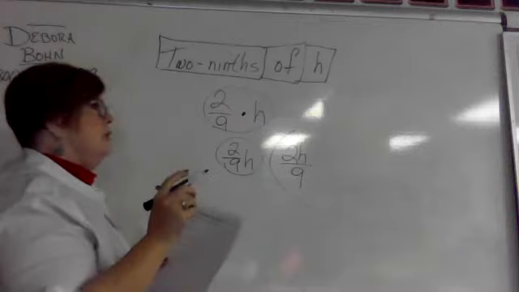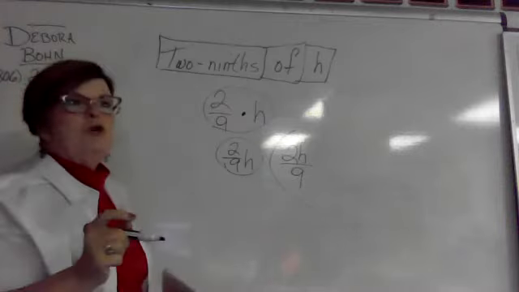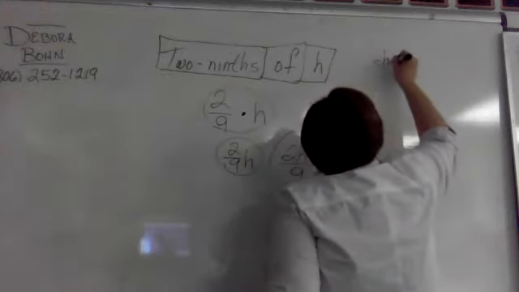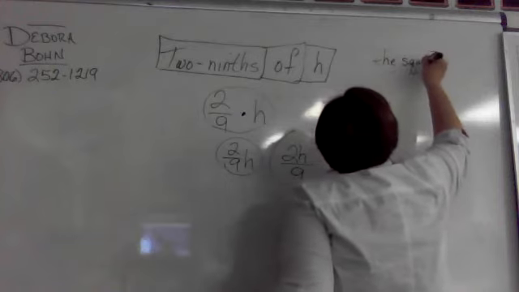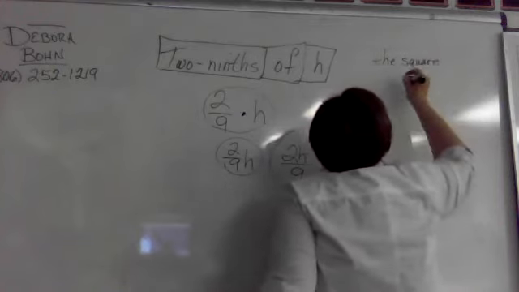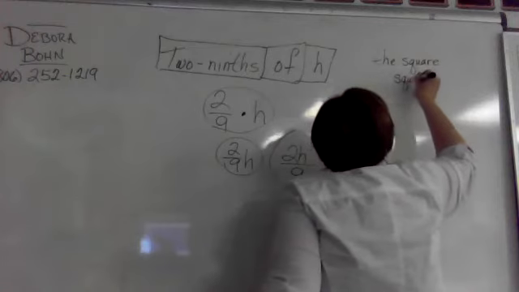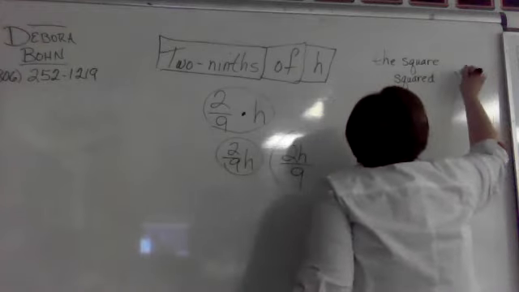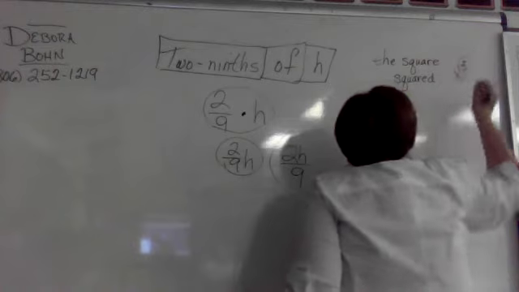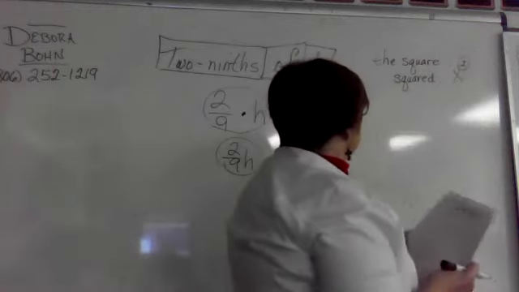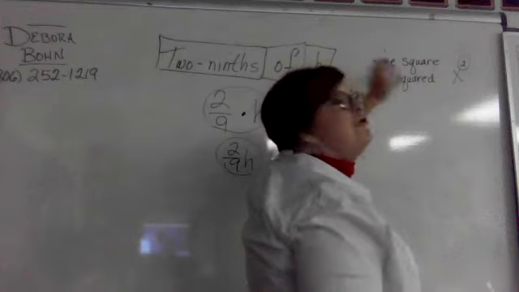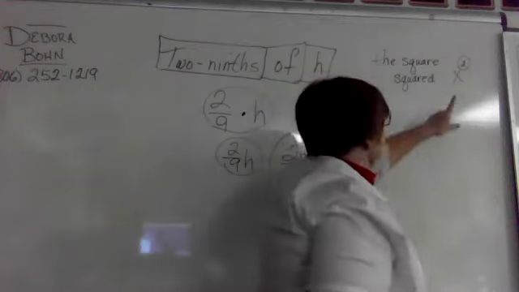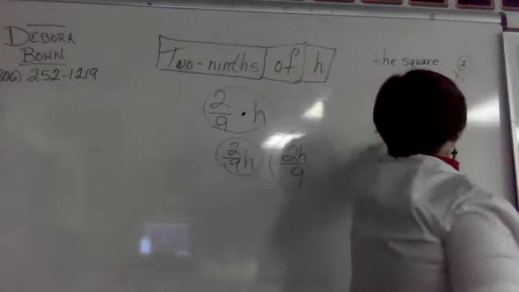There are a couple of words, okay? If it says the square, or they'll just say squared or something to do with square, that means the exponent 2. So the vocabulary might say the square of 5. That means 5 squared. The little exponent up here, that's what these words mean.